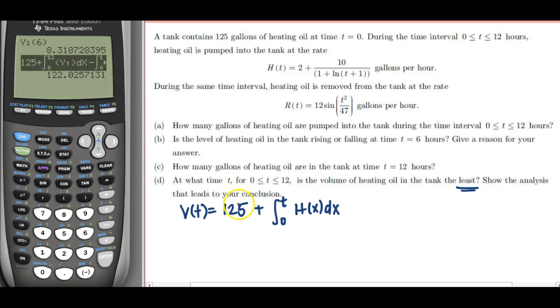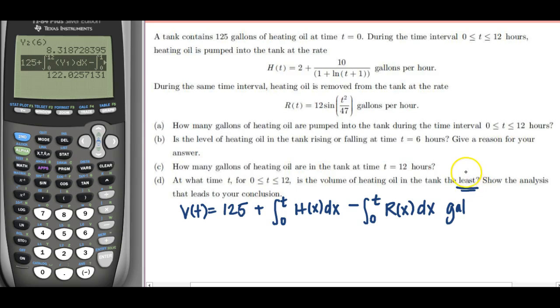It's what we had to begin with plus how much is going in between 0 and t minus how much is going out between 0 and t. So we'll have to say that that is now r of x dx. So this function V is now representative of the total amount of heating oil in the tank at any time t. So the units of this function are in gallons.